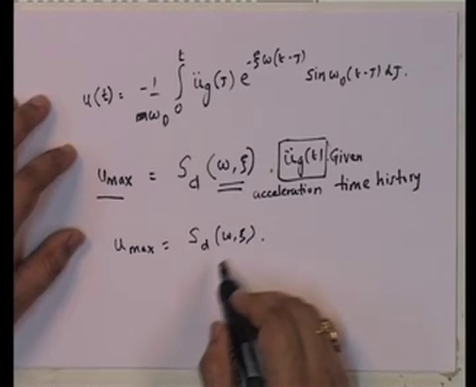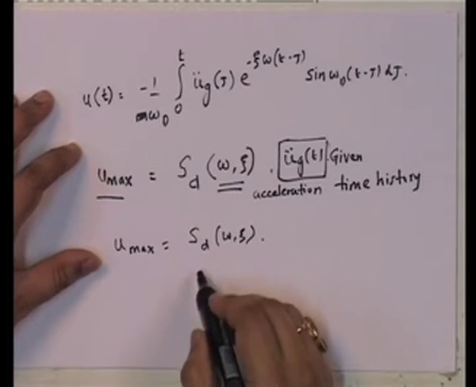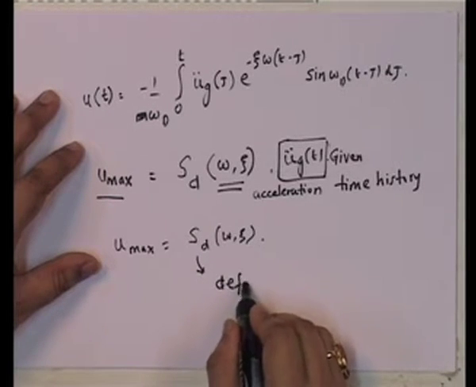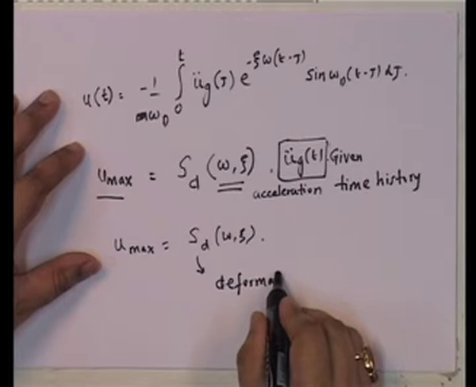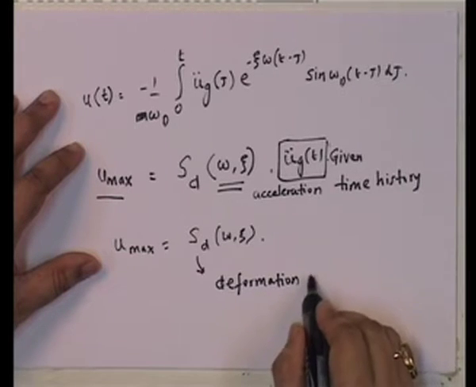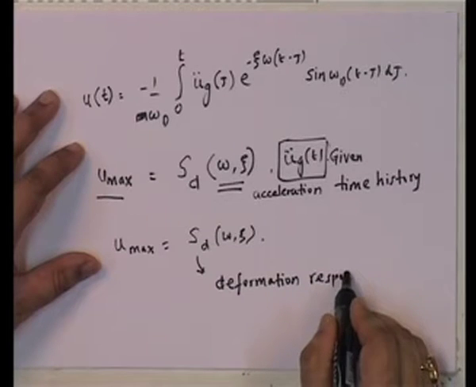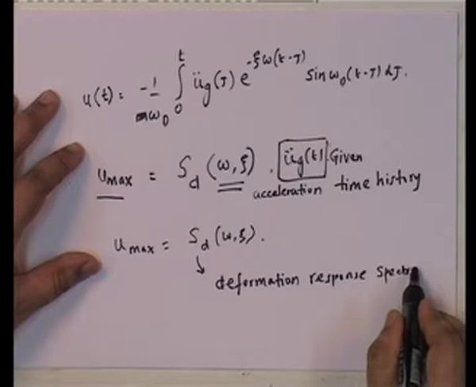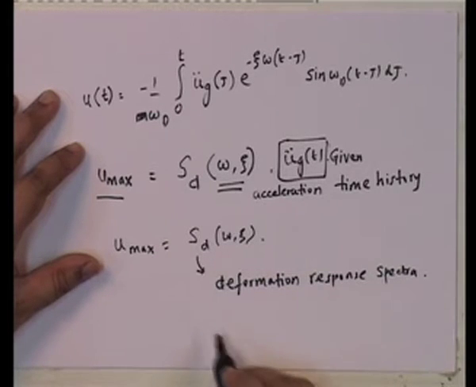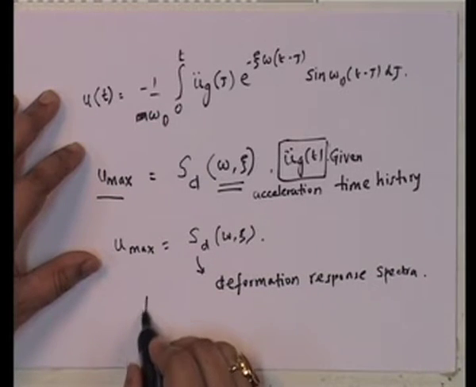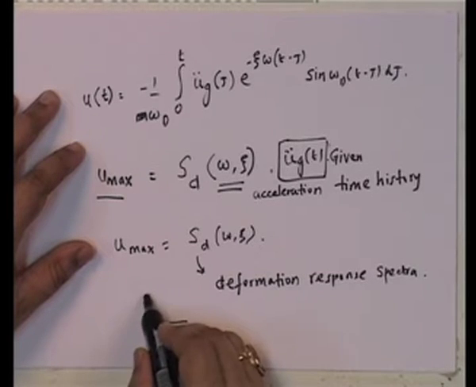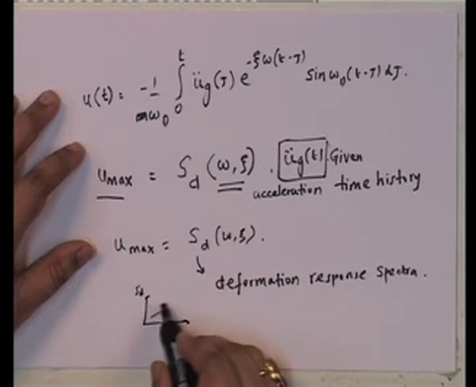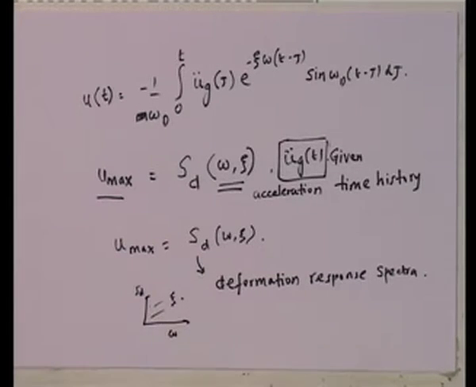If I plot this as a function of omega and xi, it is known as the deformation response spectra. Why spectra? The way the deformation spectrum is plotted is as a function of omega for different values of xi.